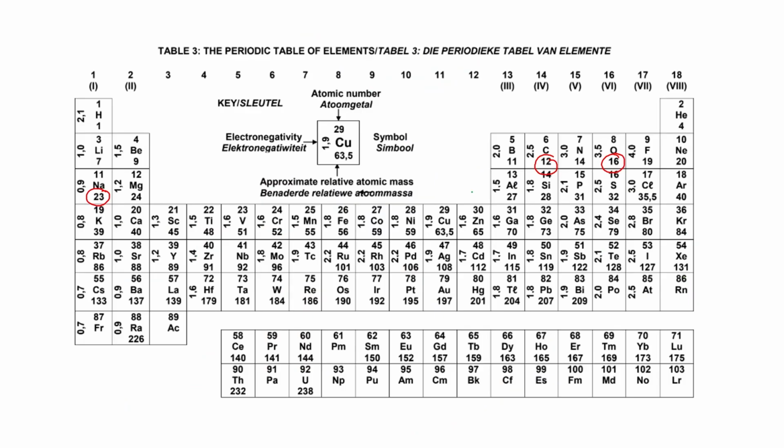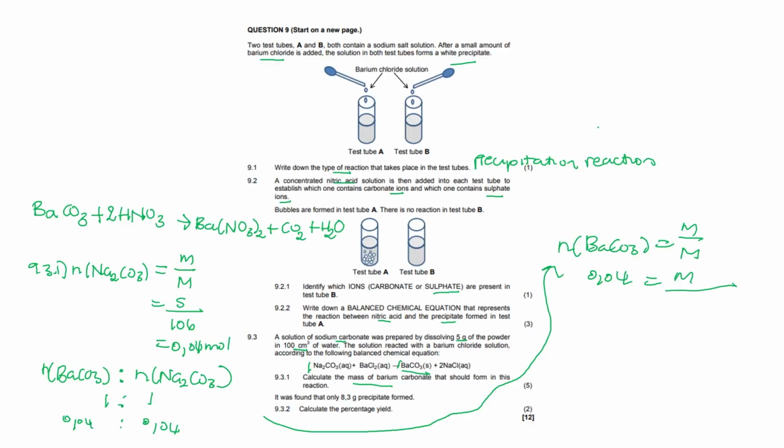So we want barium carbonate. So we're looking for barium's mass, and there's only one barium atom, so it's 137 times 1. We have carbon again, 12 times 1, and we have oxygen again, 16 times 3. And all of that together will give me 197. So then I'll multiply these two, and I get 9,26 grams.